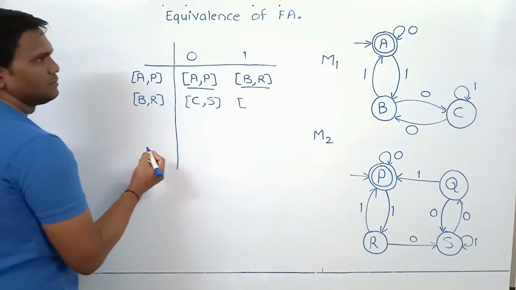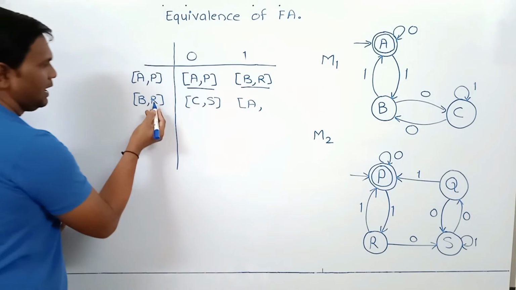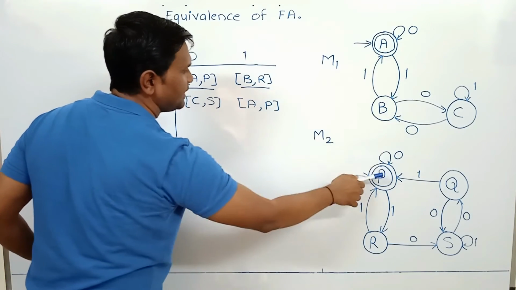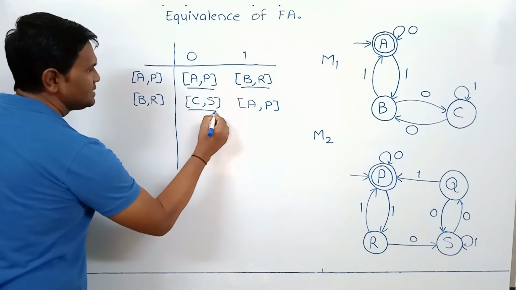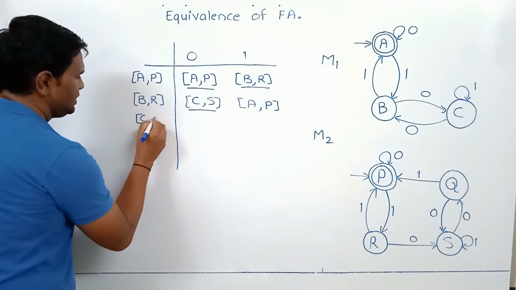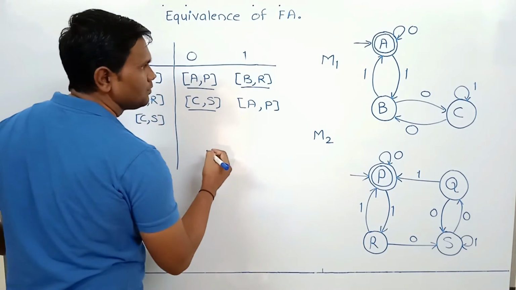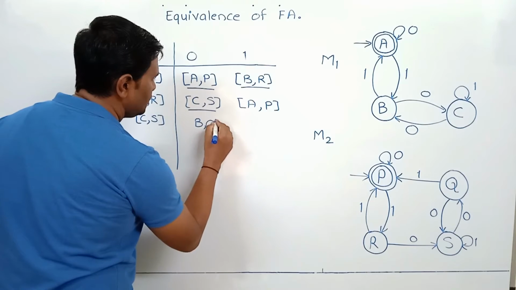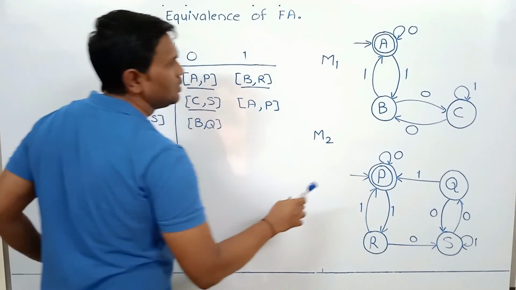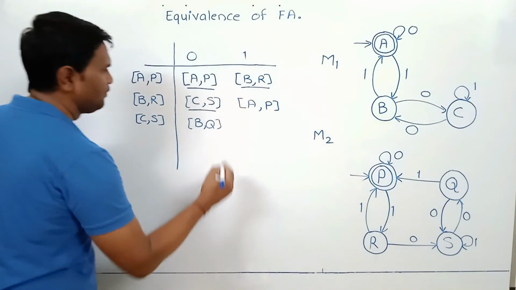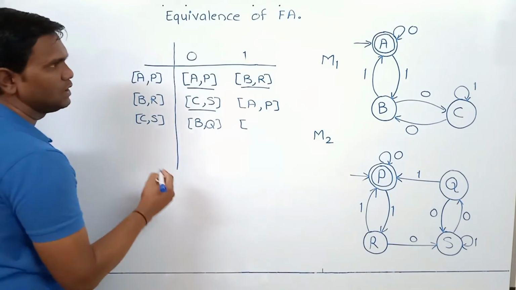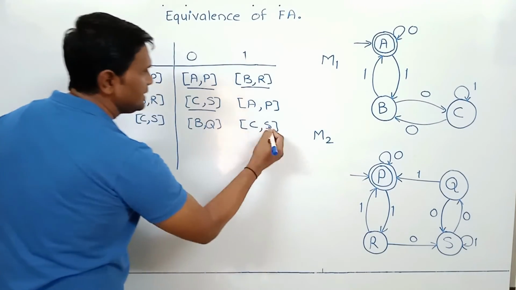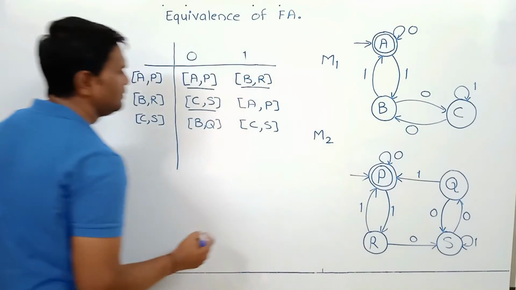Now B on 1 goes to A, R on 1 goes to P, A comma P, final, final. So next entry in the table is C comma S. C on 0 goes to B, S on 0 goes to Q, B comma Q, non-final, non-final. Now C on 1 remains in C, S on 1 remains in S, C comma S, non-final, non-final.